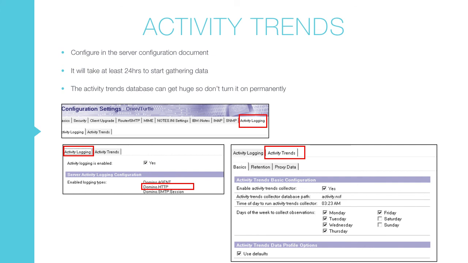So again, from yesterday, it's configured in the server configuration document. It will take at least 24 hours to start gathering data. The activity trends database can get huge, so don't turn it on permanently. And what I've done here under activity logging, I'm just choosing Domino HTTP to track. Don't track everything, just track the thing you're looking to audit.